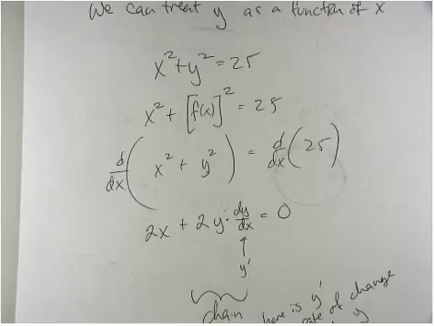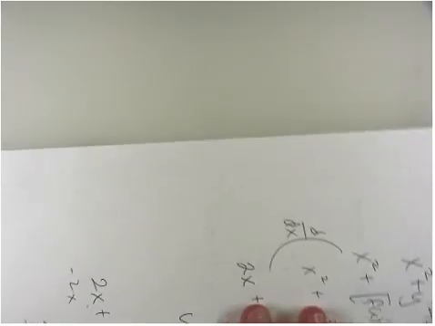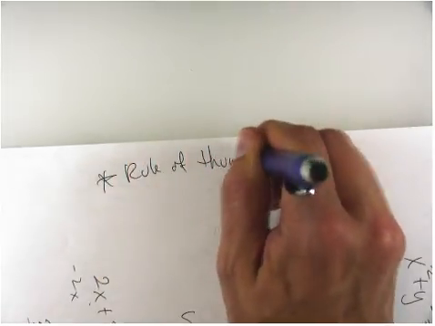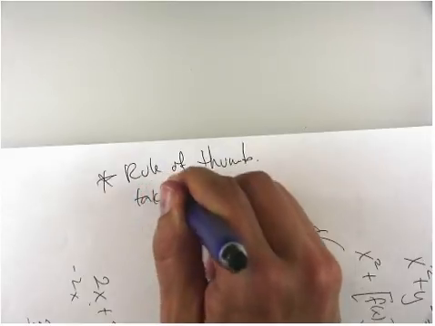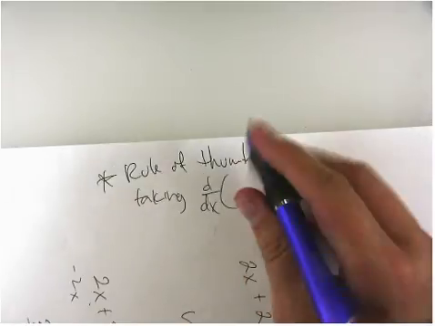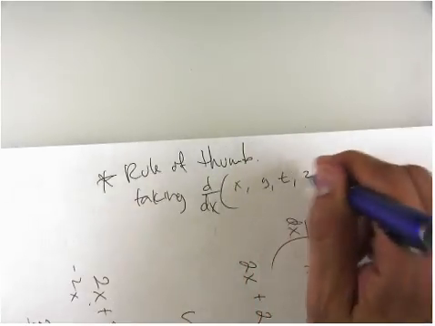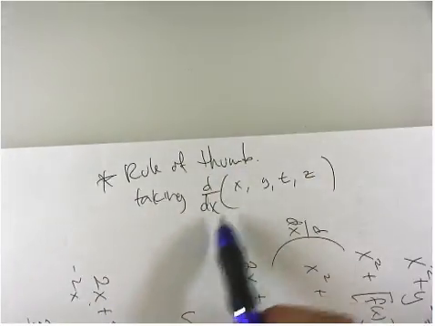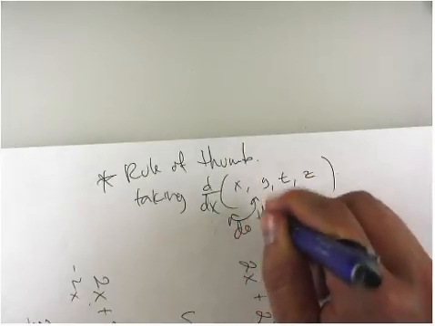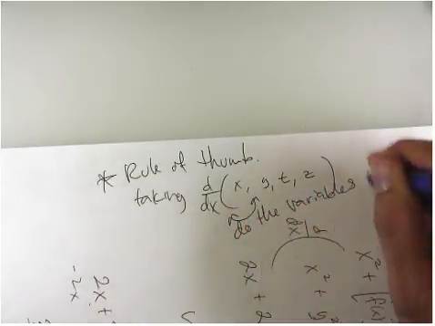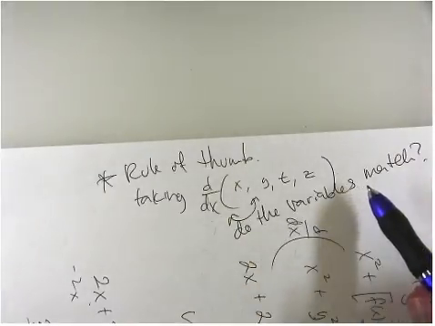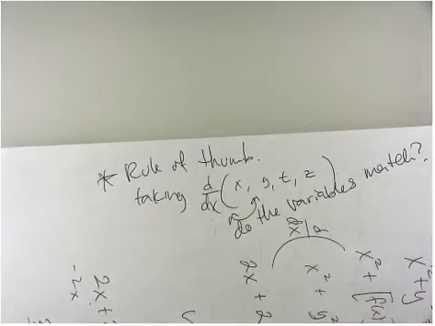The general rule of thumb here: you're taking a derivative of whatever these things are. I want to know if the variables match. If they do match, then I can just take a derivative like I normally do.